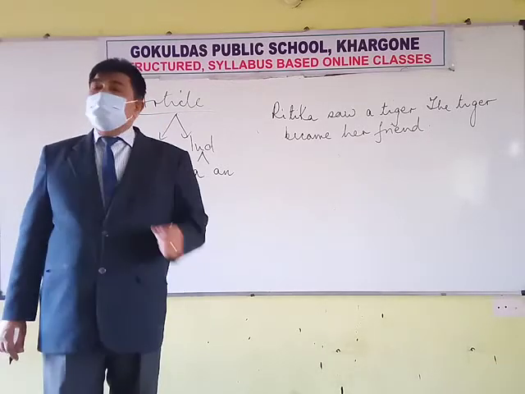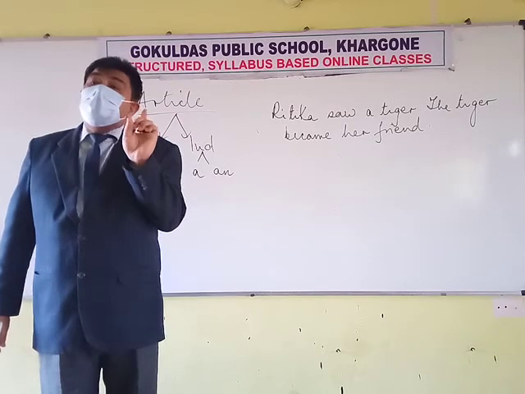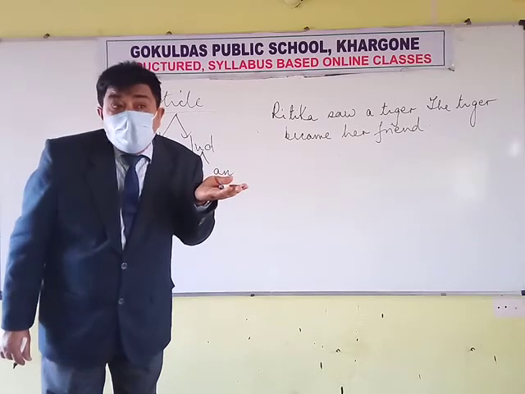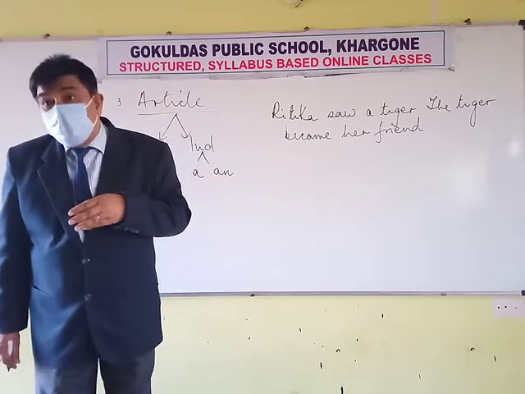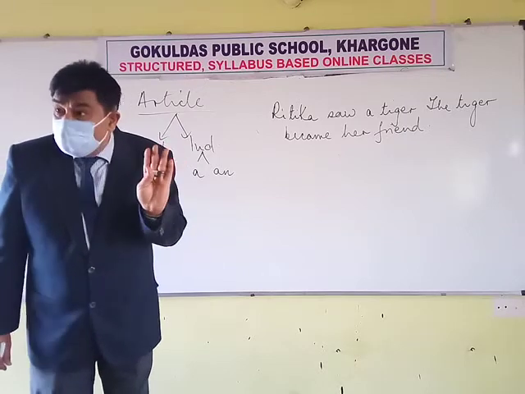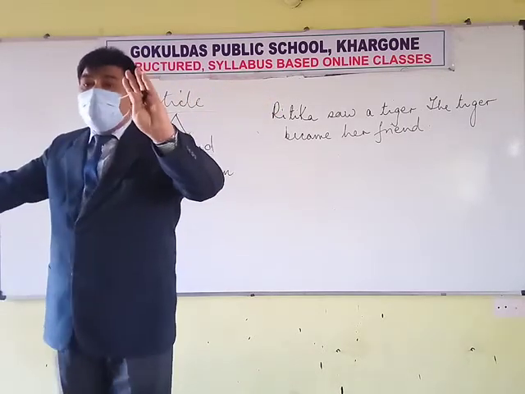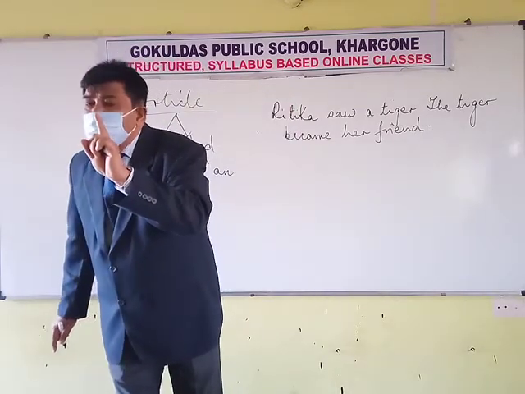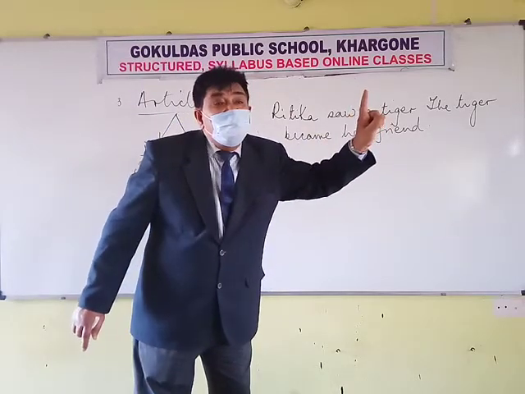Kritika saw a tiger. A tiger. It could be a small tiger, a big tiger, a thin tiger, a fat tiger, any tiger. There are many tigers. Are you understanding? So we are not talking about anything particular. That is why I am using a general article, "a."